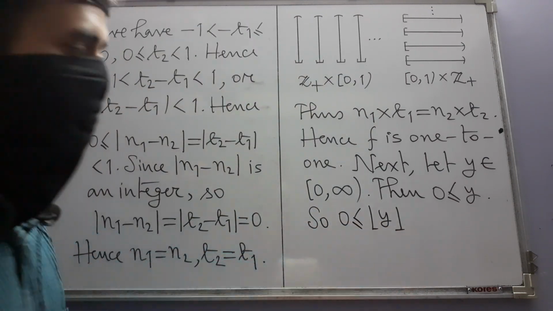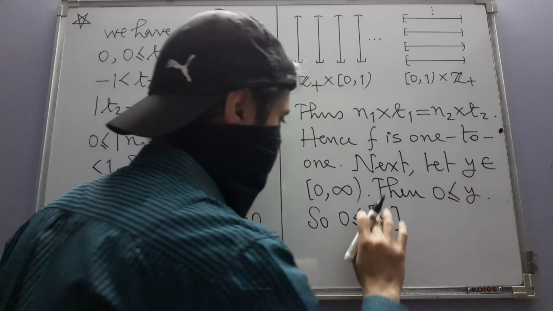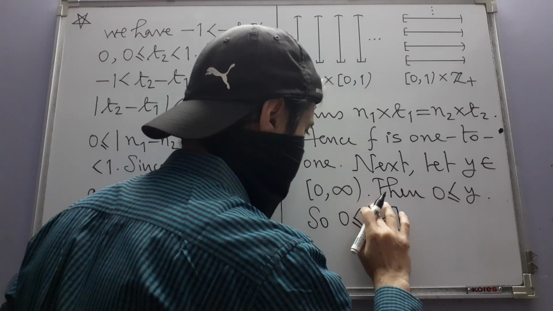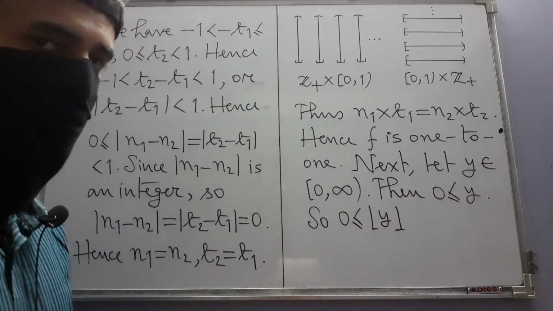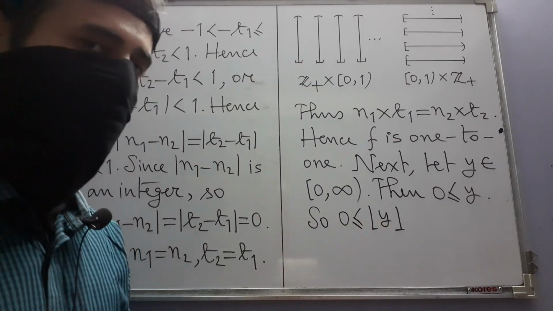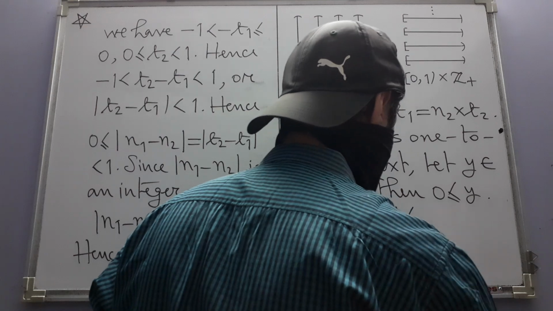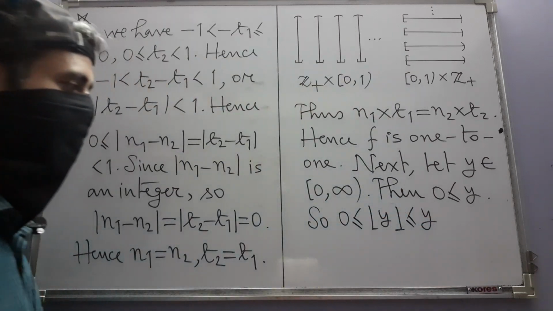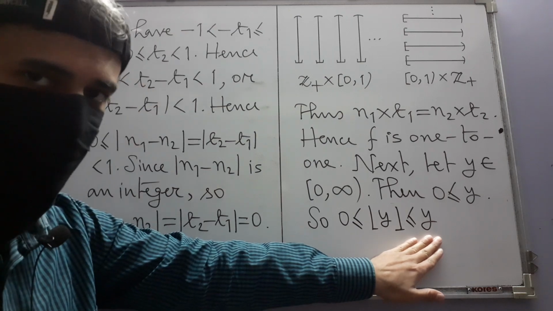In some books, this notation is also used, but to indicate that this is the floor function, not the ceiling function, not the least integer greater than or equal to. So we just write like this. But we already know from the definition of this function that this is less than or equal to y, the greatest integer less than or equal to y.